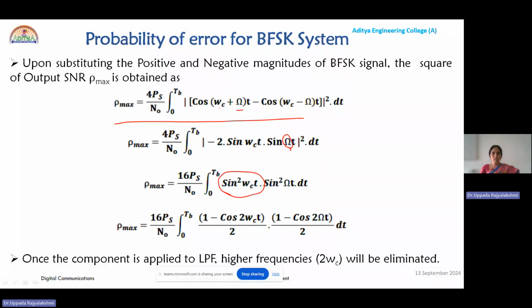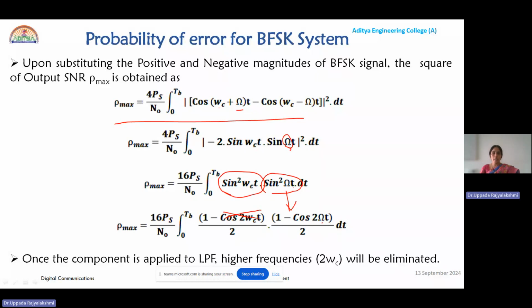So we obtained it as (1 minus cos 2 omega c t) by 2, into, for this sine square capital omega t, you can write it as (1 minus cos 2 omega t) by 2. Once this is applied to the low pass filter at the receiver section, the low pass filter does not allow the second harmonic of higher frequency, that is the carrier frequency.